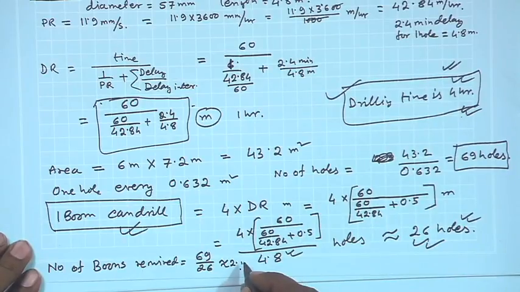As it is coming around 2.6, 2 booms cannot address this. So, there must be 3 booms in that drill machine.